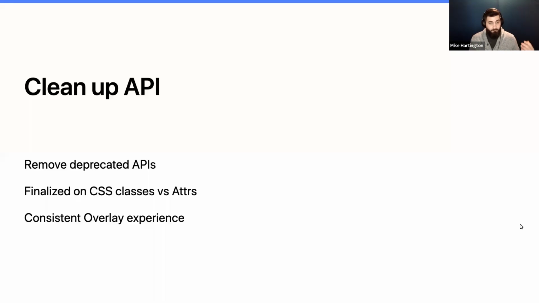So with Toast and some of our overlay components, we've gone through and just made sure that they have a consistent way of creating them that feels very similar. The only thing that you actually change is what you are creating.